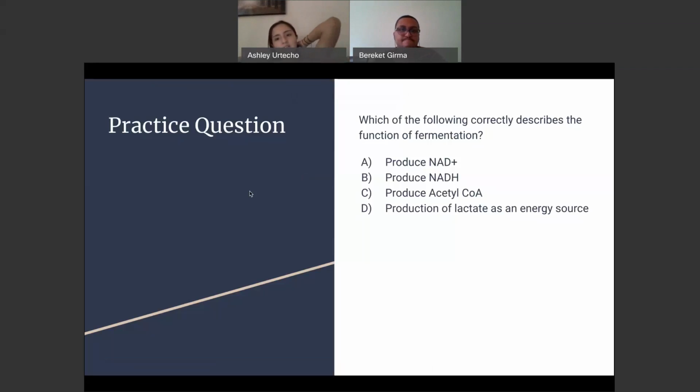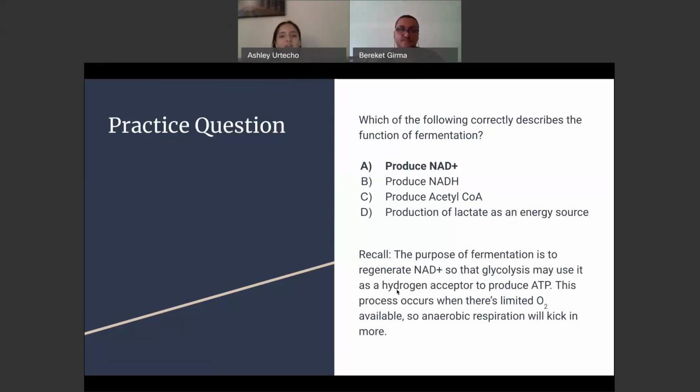I think you just mentioned it right before you ended, because the pyruvate takes the H from the NADH and produces NAD. Yeah, that's good. I really wanted to emphasize this fact because the MCAT will allude to this function of fermentation a lot, so it's important that you know what it's used for and why it's helpful for the cell.